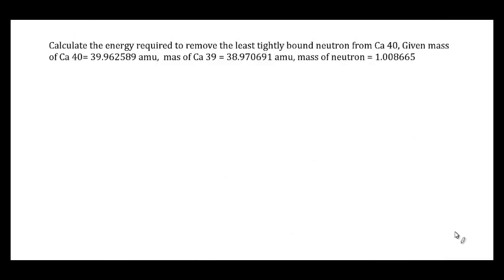Let us now look at another kind of problem. The problem goes like this: calculate the energy required to remove the least tightly bound neutron from the calcium 40 nucleus, given the mass of the calcium 40 nucleus, the mass of calcium 39, and the mass of the neutron.